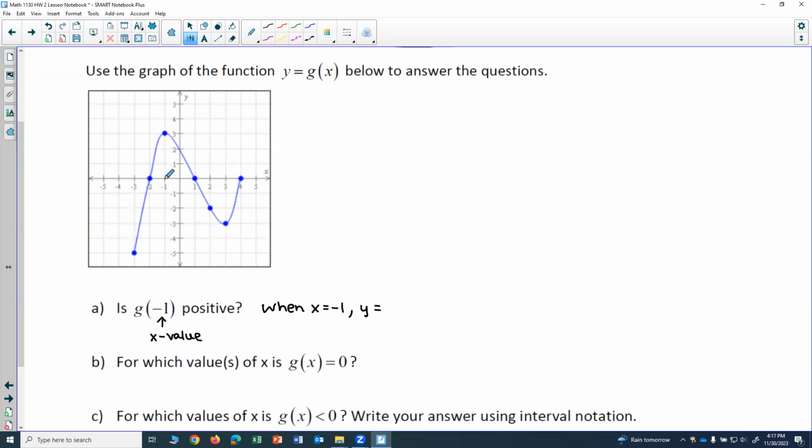So we go to -1 on the x-axis, go to your graph, and we have that point right there, -1 for x, 3 for y. So when x is -1, y equals 3. So that tells us that g of -1 is equal to 3. So yes, g of -1 is positive.